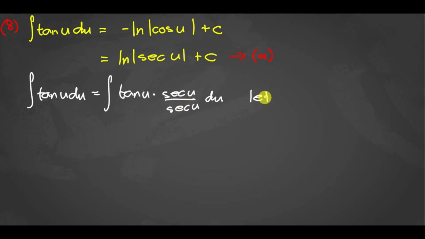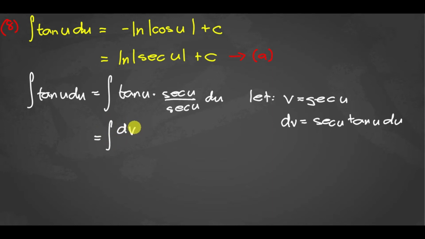And if we let v be equivalent to secant u, then the derivative of the variable v, dv, is equal to secant u tan u du. Rewriting our given function in terms of our newly assigned variables, that is dv all over v.